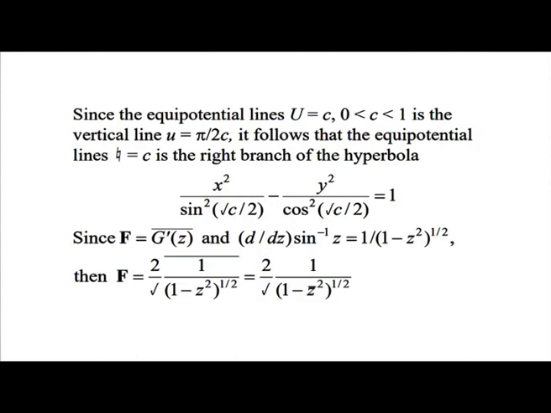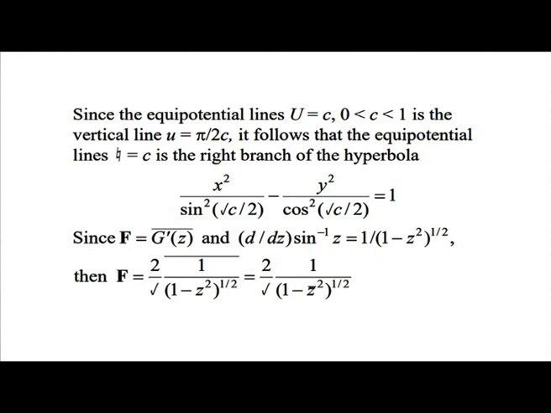Since the equipotential lines U equal to C, for C lying between 0 and 1, are the vertical lines u equal to pi by 2 C, it follows that the equipotential line phi equal to C is the right branch of the hyperbola x square by sin square pi c by 2 minus y square by cos square pi c by 2 is equal to 1.